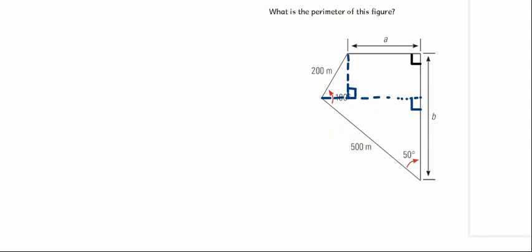Because as a result, by the way, I cut these things here. I had a 50. That's a 90. So that means the remainder of this angle inside this part, just in case we needed it, happens to be 40, because these three angles, 50, 90, and this angle here, have got to add up to 180.